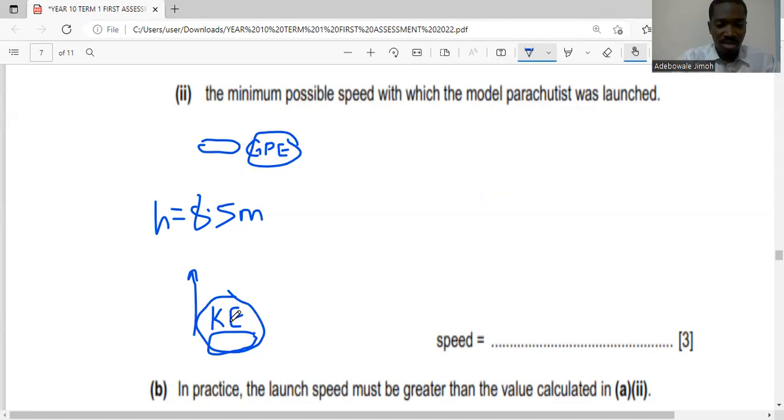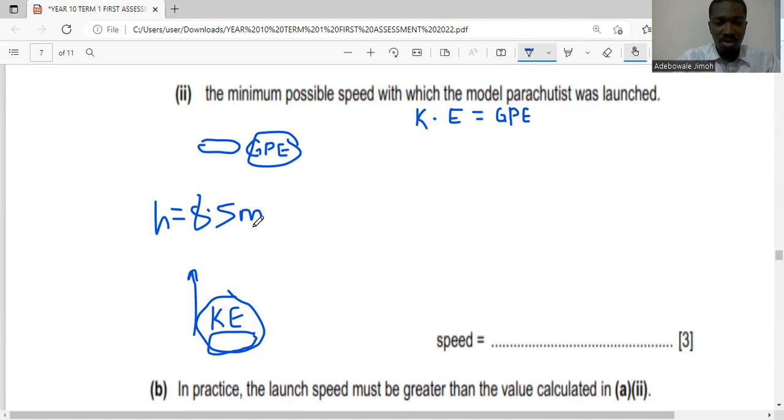So the kinetic energy given to the model parachutist was converted to gravitational potential energy when it rises upwards. Here we assume no energy was lost during this process.